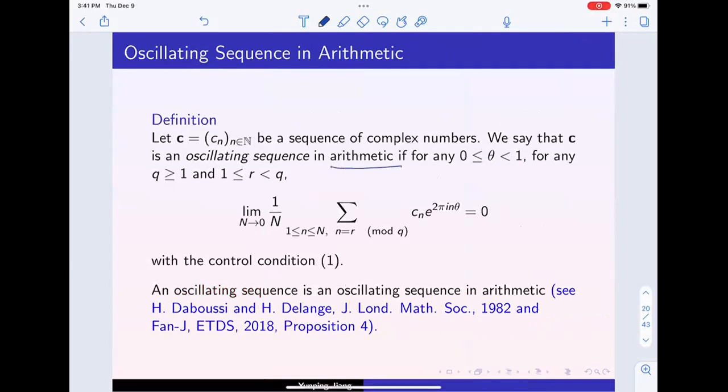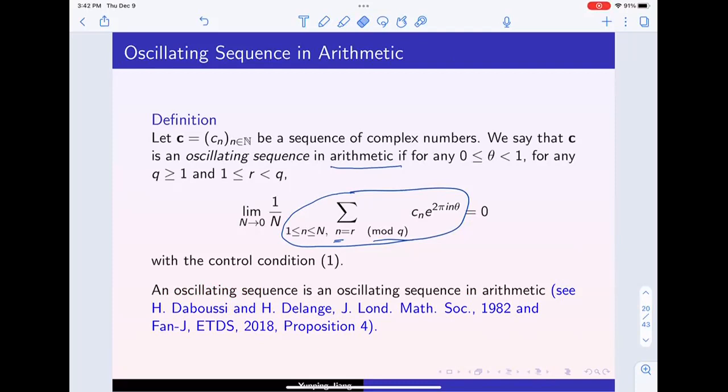That really means if you do not take the whole sum, but take the sum over all the n which equal r mod q, that's actually a smaller sum, but it still tends to 0. So the first one implies that one, but I want a separate definition because later, when I talk about the higher order, I also need to separate them.